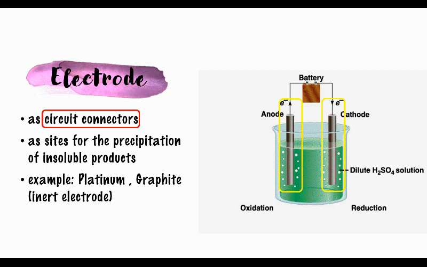Apart from that, electrodes act as sites for the precipitation of insoluble products. The common examples of inert electrodes used in an electrolytic cell are platinum and graphite.